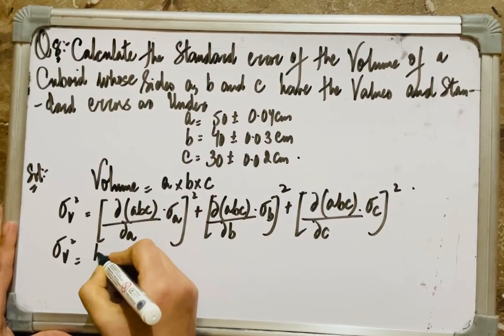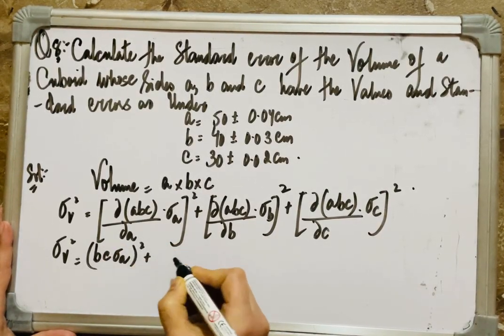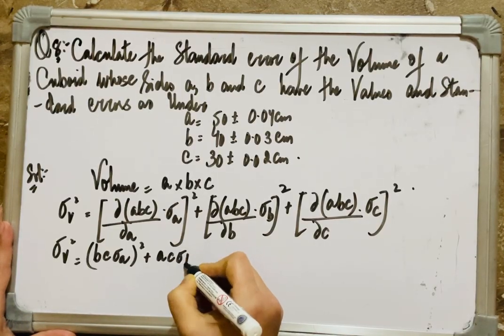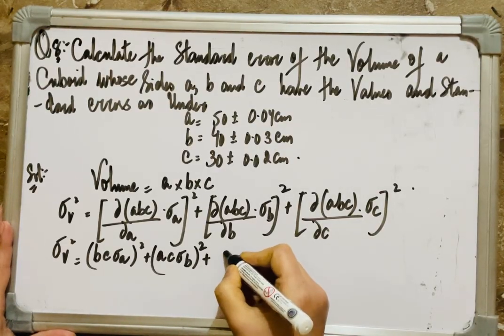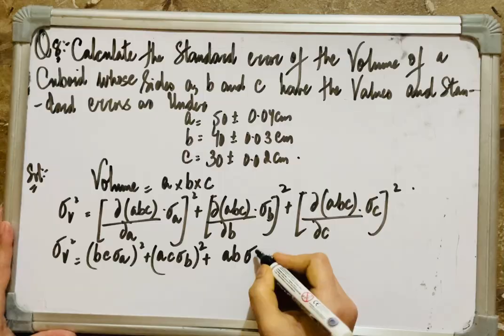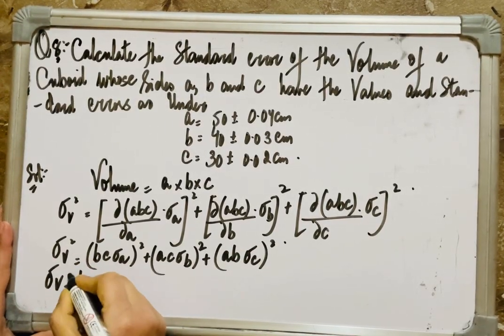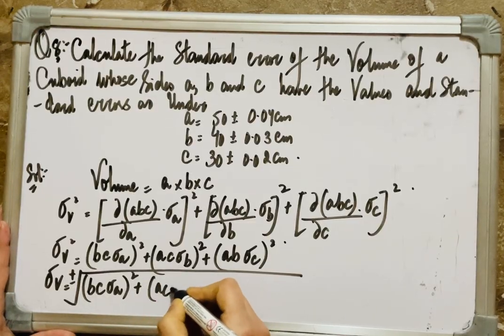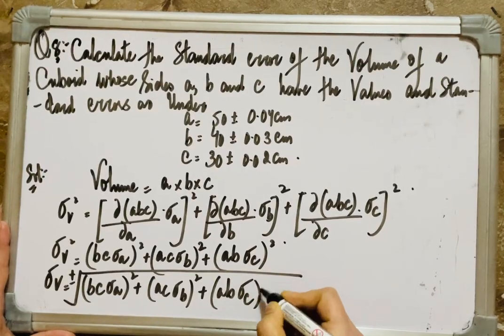In this case, it is BC sigma A, square of it. Here it is A and C, sigma B, square of it. And here it is A and B, sigma C, square of it. Or sigma V is plus minus square root of BC sigma A, square of it, plus AC sigma B, square of it, plus AB sigma C, square of it.